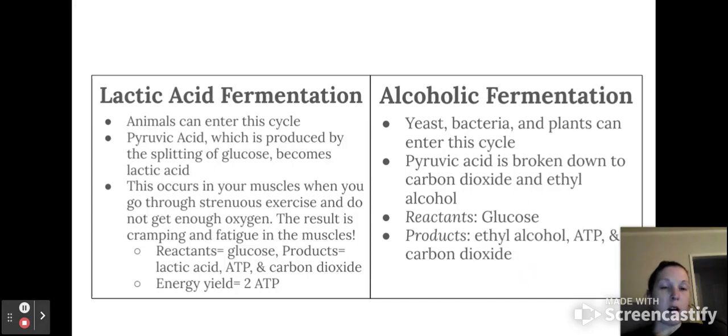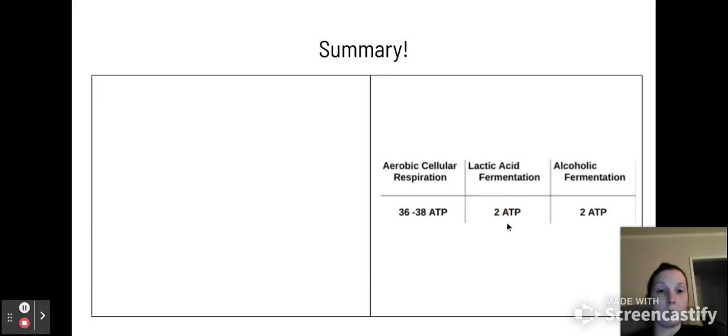And then the products are ethyl alcohol, ATP, and carbon dioxide. This is why alcoholic beverages tend to come from plants, because they can go through this fermentation process. And the energy that you yield from here is also only 2 ATP, so not much at all.